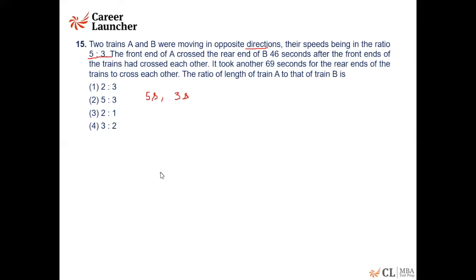So if this was a train A, this is the front end of the train A, and let's say this is the front end of train B. So this is A and this is B. What it basically means is this is moving in this direction, this is moving in this direction. So 46 seconds later, this should have obviously reached some point here, and this should have reached the same point out here.